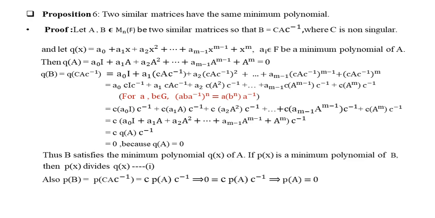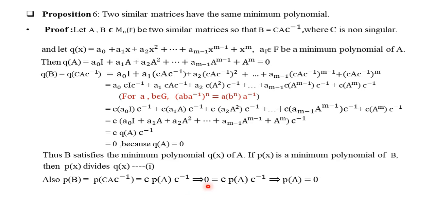Next, also we have P of B equal to, here B is same as CAC inverse. So P of CAC inverse we can write using this result. Q of B is C into Q of A C inverse. Here see. So P of B is C into P of A into C inverse.